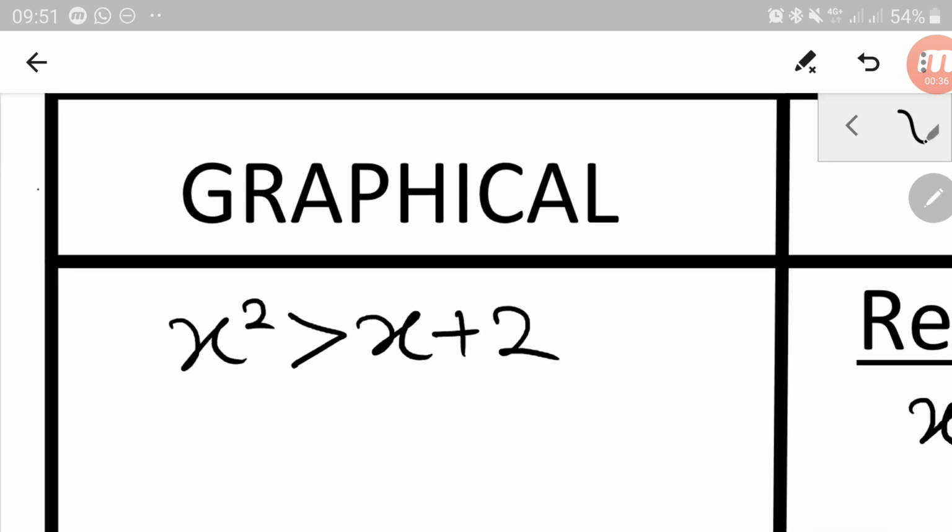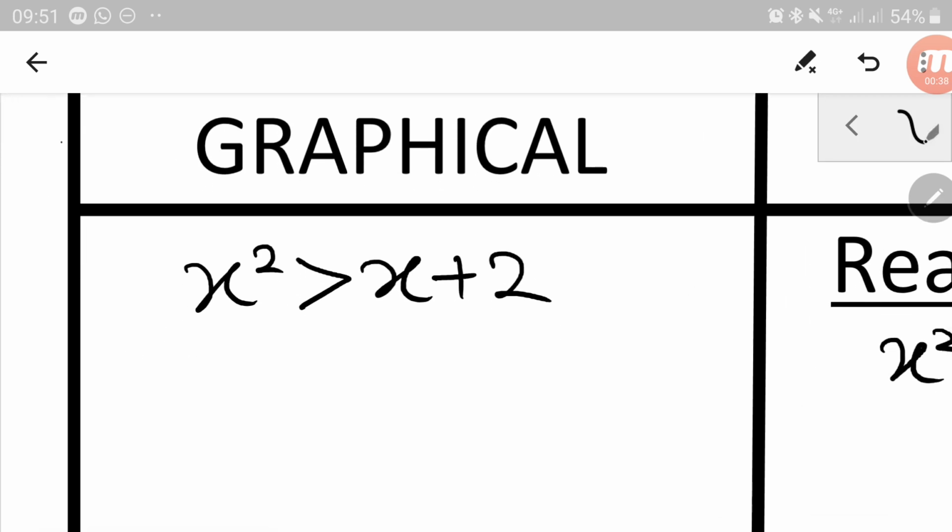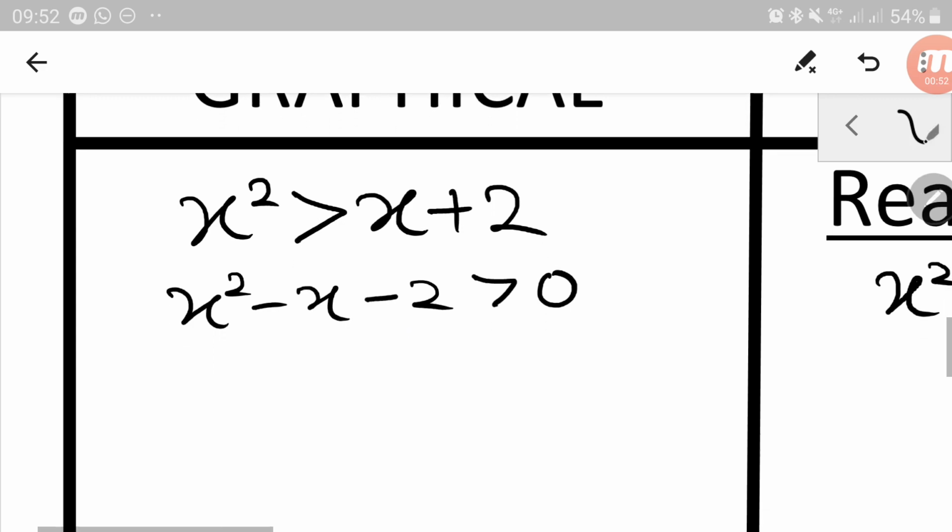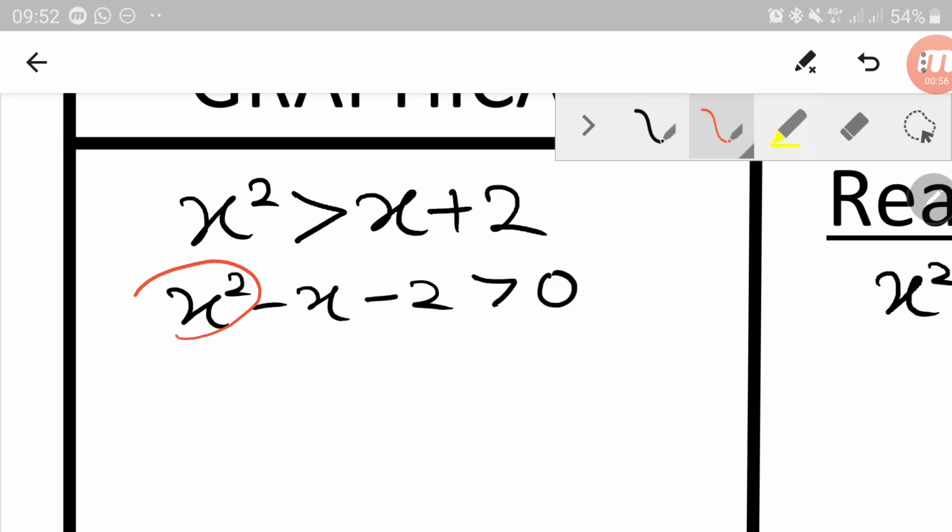For this one, first step, we need to bring all the x's to one side. We need to make sure it's greater than 0 or less than 0. Afterwards we have to make sure the x squared that we have is positive.